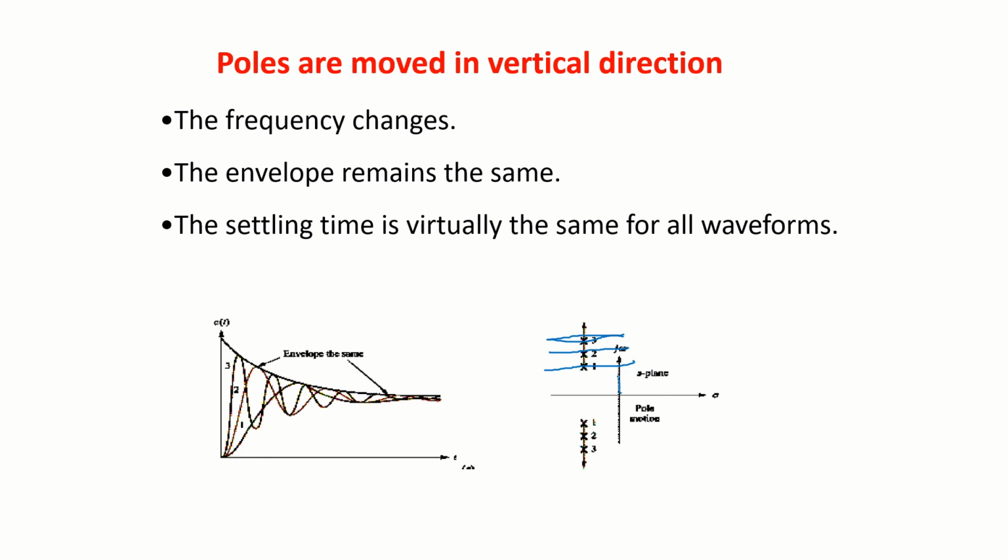As I said, if I go on increasing this value, the peak time should reduce. Correct now? Sorry, these are constant peak time lines. So I said the peak time should reduce. You see here now.